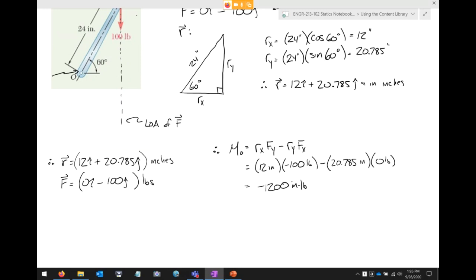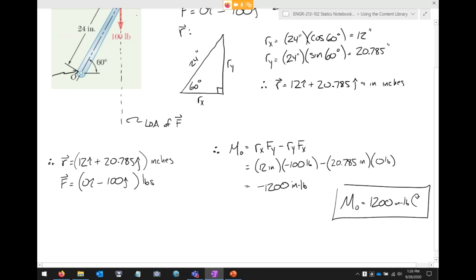Sometimes you'll see the book write it as pound inches. It doesn't really matter, whichever order you want. And remember, the moment came out negative, which indicates 1,200 inch pounds, and that is clockwise. Okay, just like we said it would. So negative moments are clockwise. This came out clockwise. That's one of our answers right here.